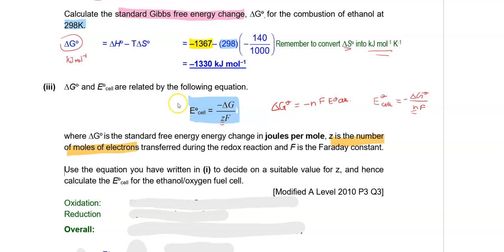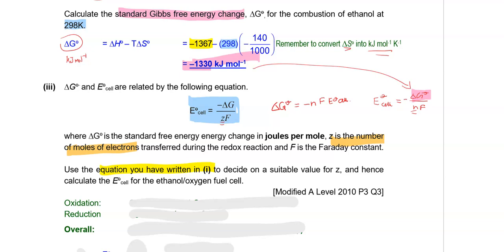Okay, so we're supposed to use the equation we have written in part 1 to decide on a suitable value for Z, and hence calculate the E naught cell for the ethanol oxygen fuel cell. So in this case, we know what delta G is. Alright, we have calculated delta G, so that can be substituted over here.